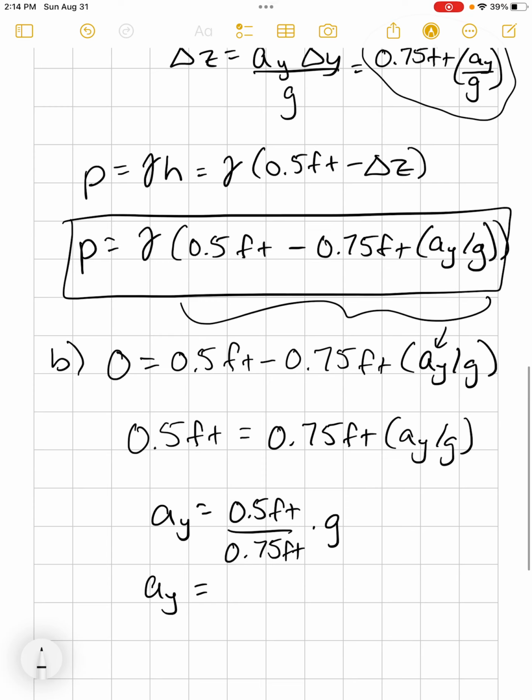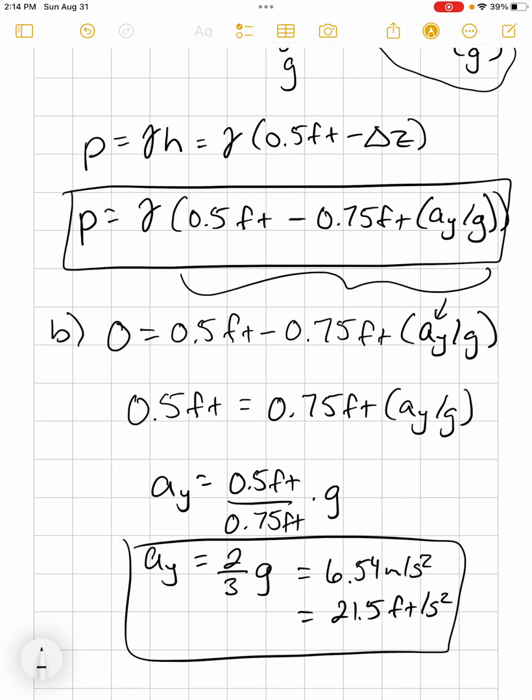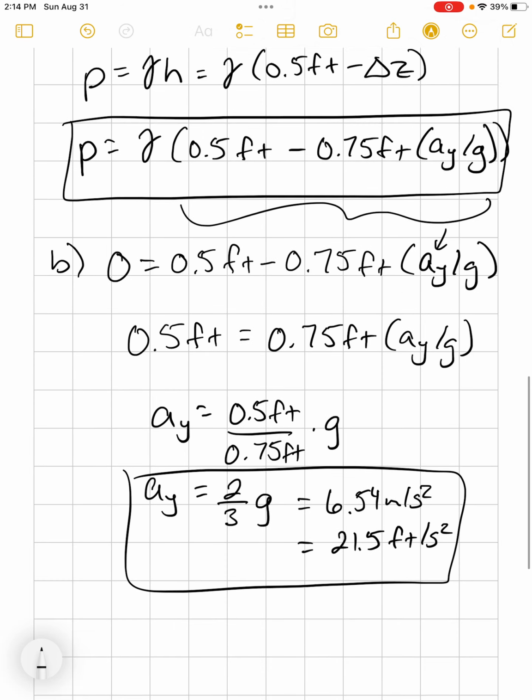Okay, so basically our acceleration cannot be more than 2/3 of the gravitational acceleration, which is actually 6.54 meters per second squared, or if you're working in British gravitational units, it's 21.5 feet per second squared. Okay, so it can't be any more than that because then our transducer won't have any fuel to read.